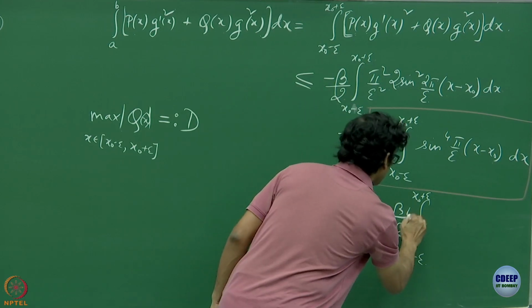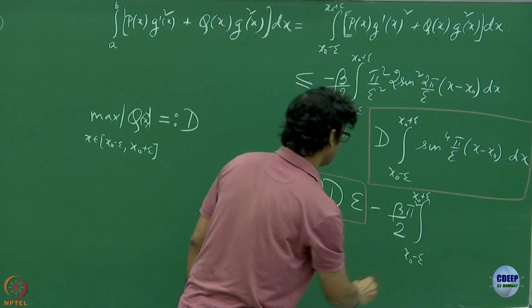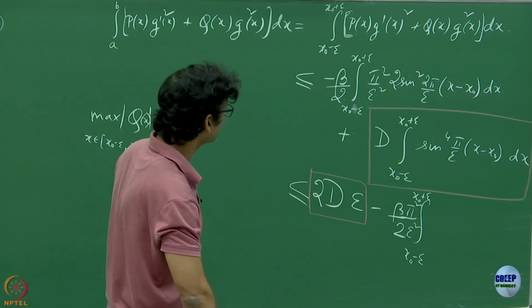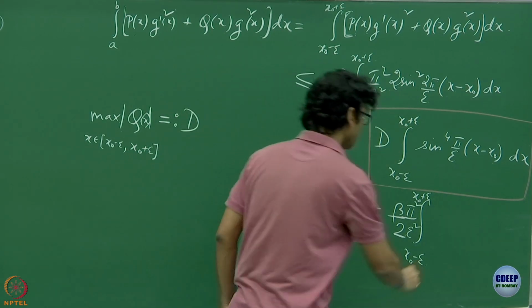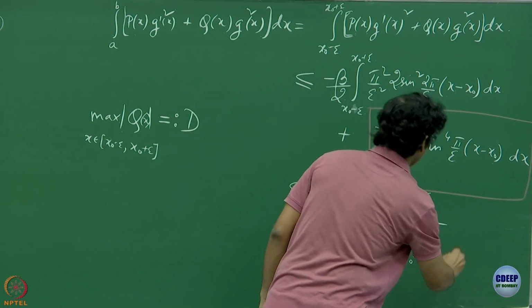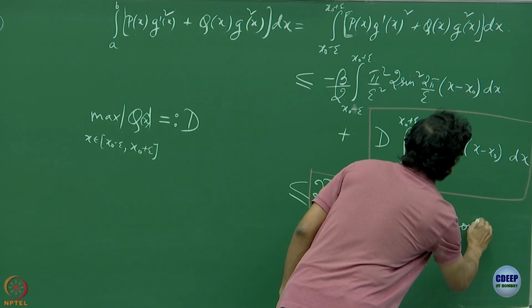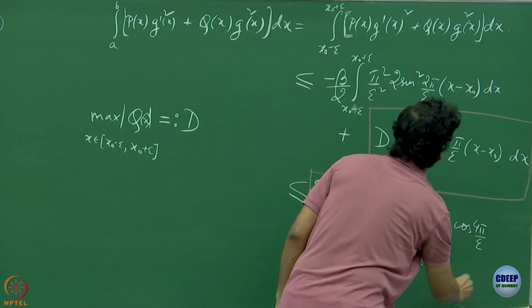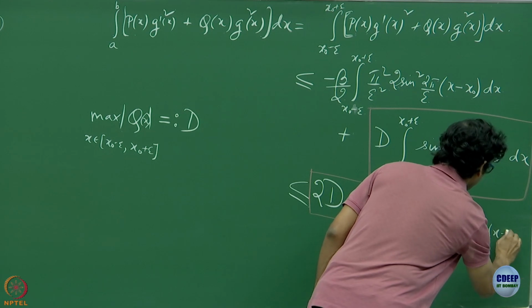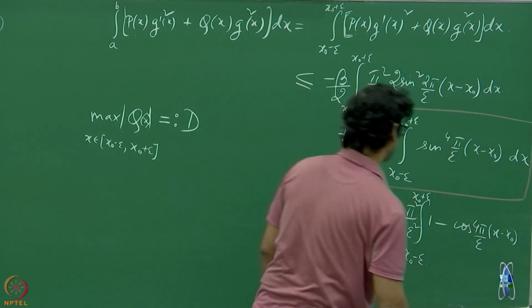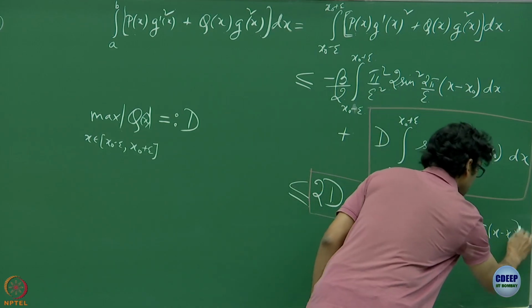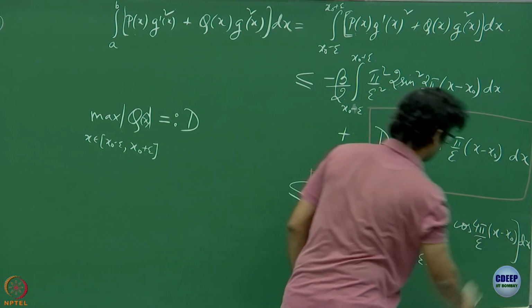I can actually pull out the pi squared as well and the epsilon squared below. So this is 1 minus cos of 4 pi by epsilon x minus x naught, I hope that's correct, dx.